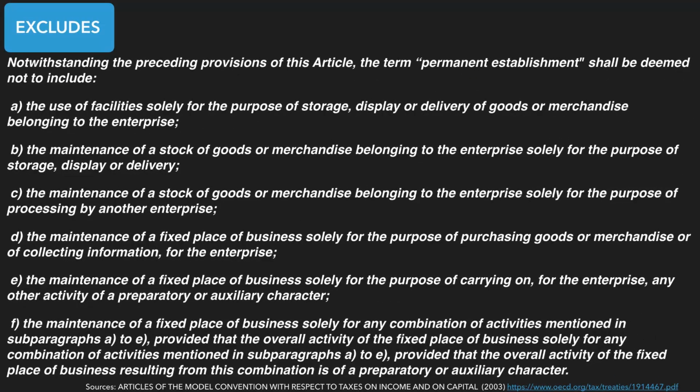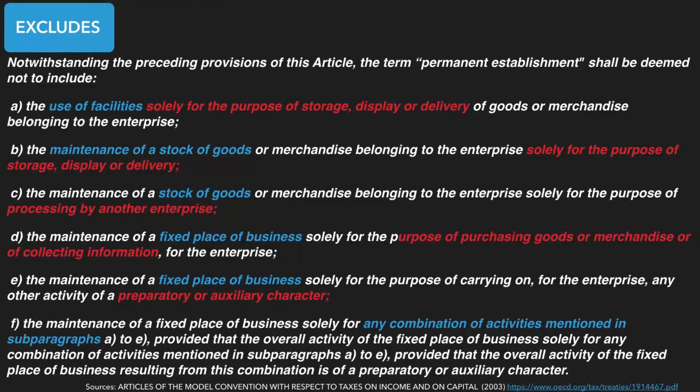Now, what it does not include, what it excludes, well, quite a lot of things there, but let me help you to read that a bit better by putting a bit of color. So, A, the use of facilities solely for the purpose of storage, display, and delivery. So if you have an office, for example, in Hong Kong, and you use it as a 10-meter square office, and you just use it to store a box of your product and have a few shelves where you display your product so that potential clients can have a look at it, for example, this doesn't work.